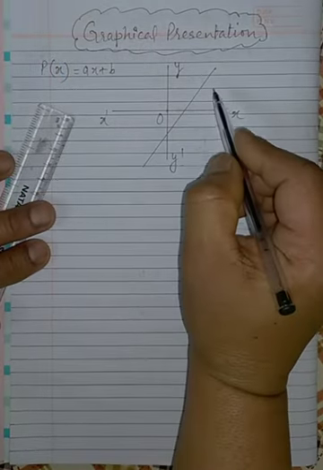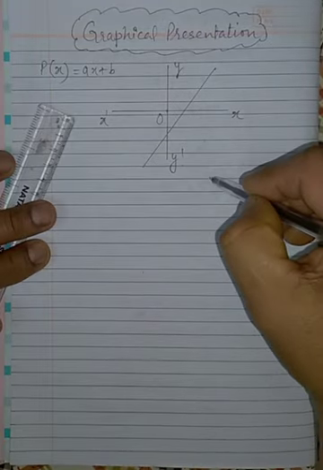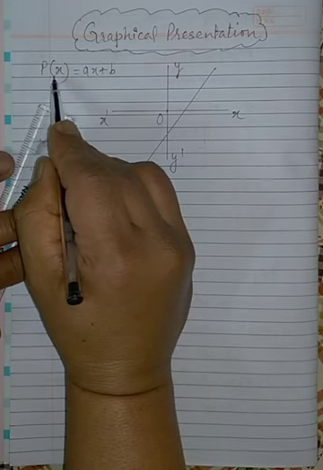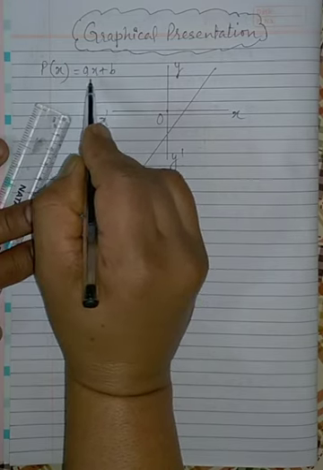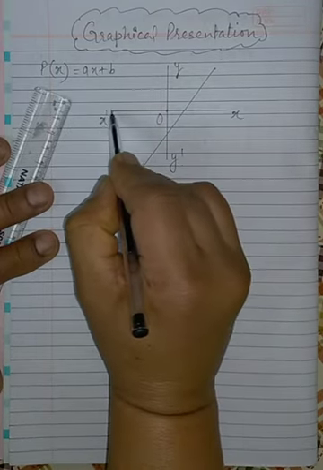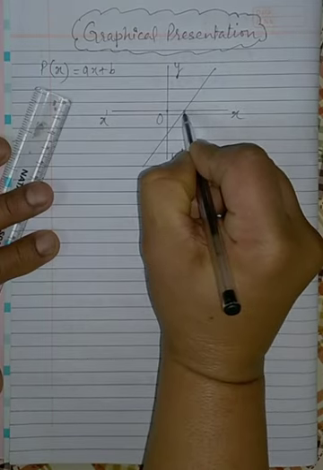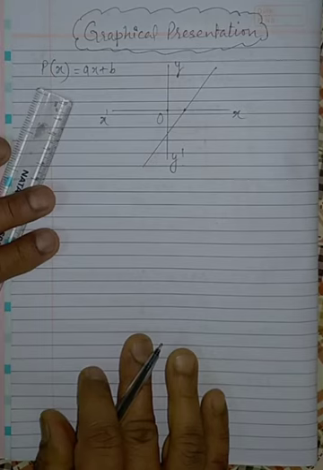That straight line can be any way. It can be like this, it can be like this, it can be like this. Important thing is that if the polynomial p(x) is equal to ax plus b, which is a linear polynomial, has only one zero, there will be only one point of intersection on the x-axis. So this value is the zero of the polynomial.